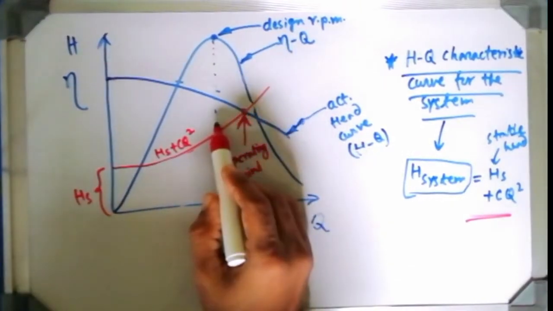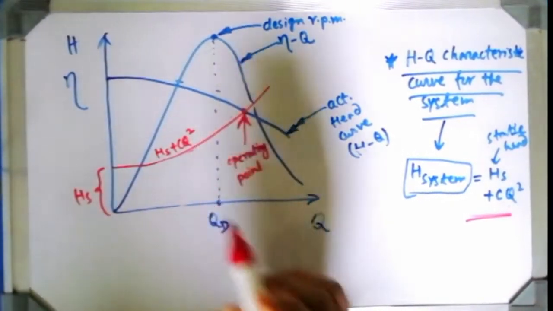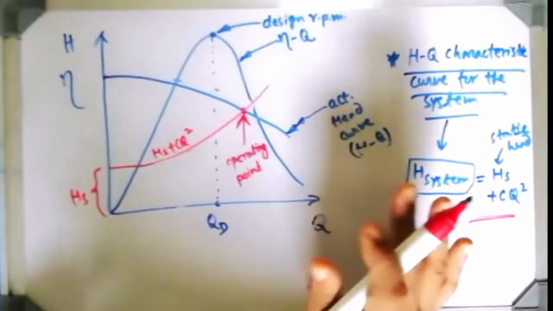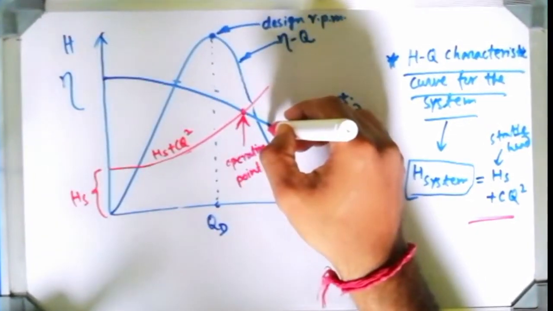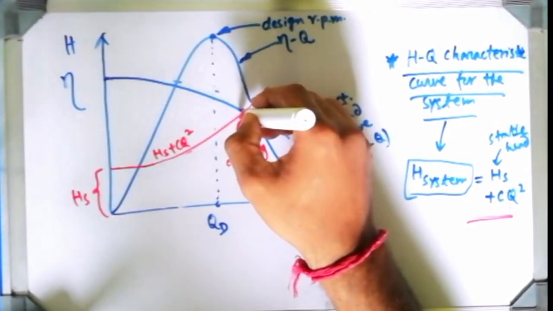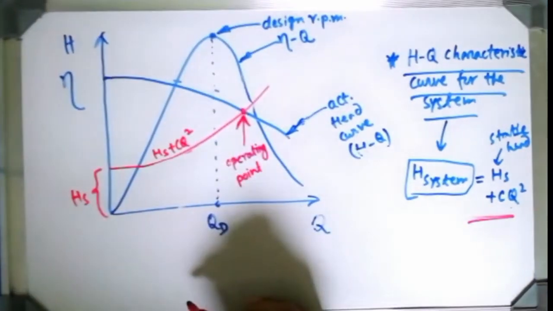But if they go too far, then obviously the estimation has been done in a very wrong manner. So the system characteristics curve intersecting with the actual head curve will give you the operating point of the pump.